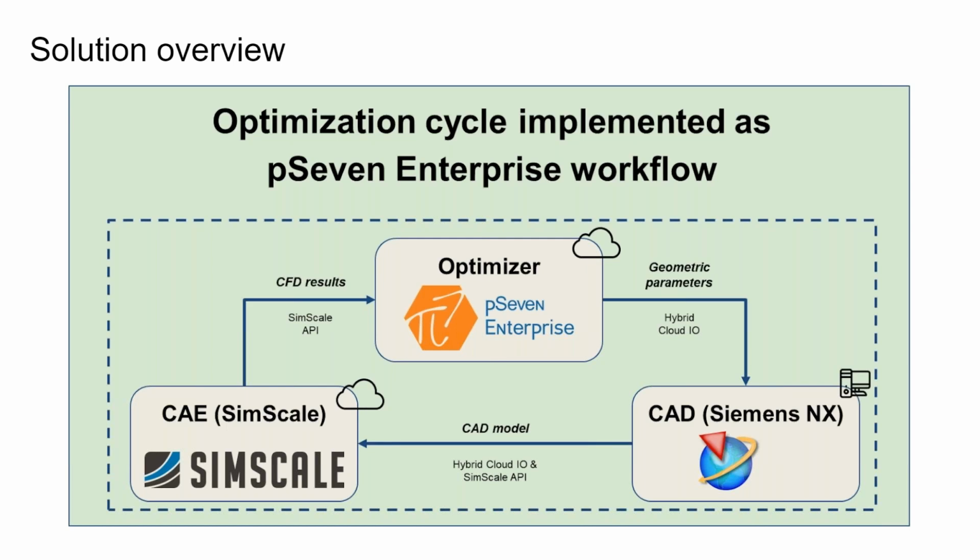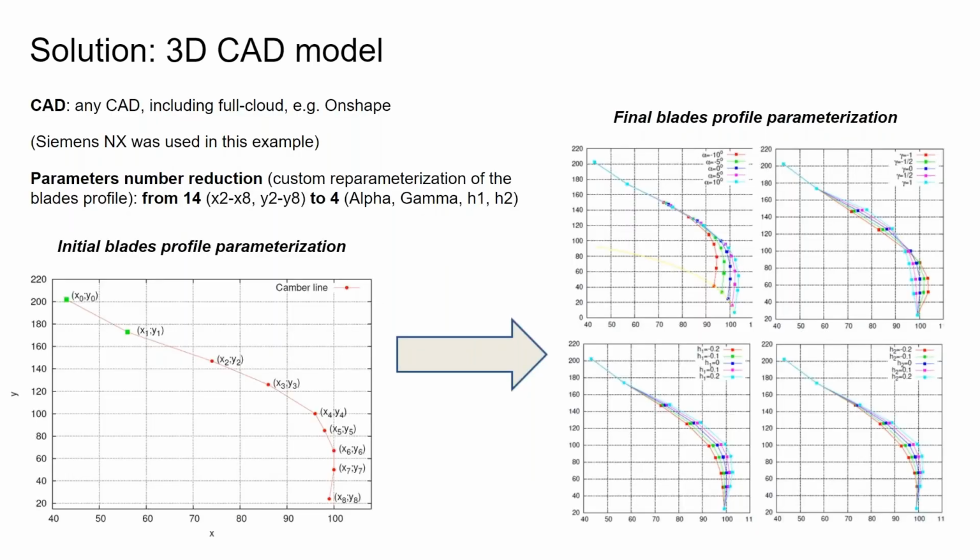So let's take a look at the CAD and CAE models in more detail. First of all, the CAD model, as I've already mentioned, was prepared in Siemens NX. We didn't use a point-wise parameterization of the compressor blade because it's rather inefficient. So we've prepared a special reparameterization of the compressor blade's profile. The blade's camber curve was controlled by 4 different geometric parameters: alpha, gamma, H1, and H2.